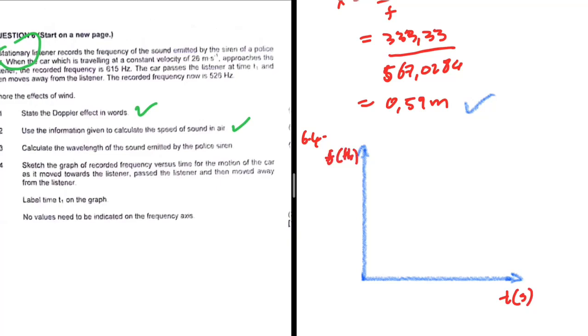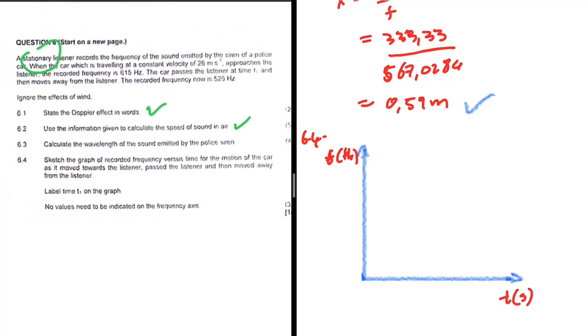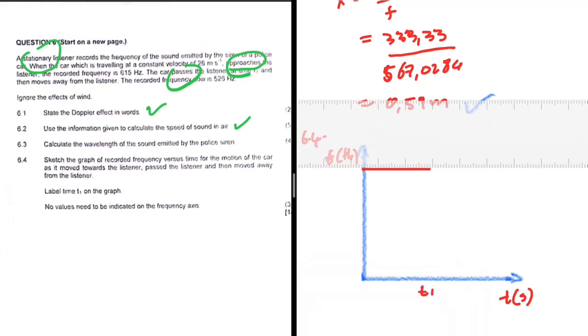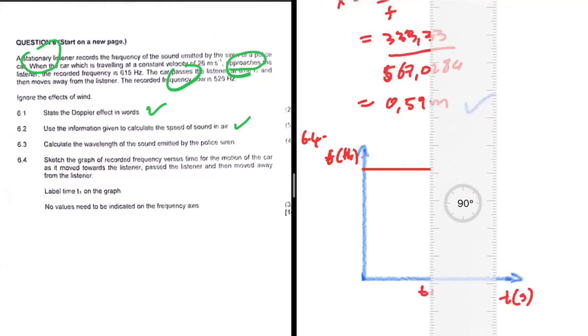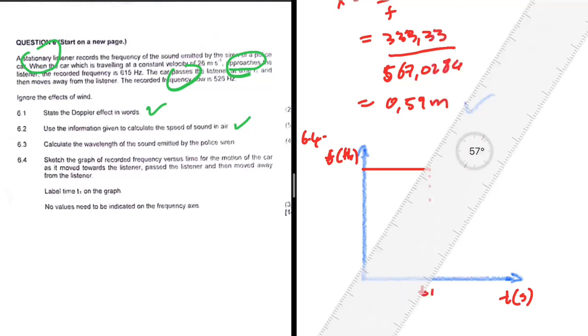Okay, so initially, is it moving away? It approaches initially, right? And then after that, it passes and moves away. So when it is approaching, we have a higher frequency. So somewhere here, this is our frequency when we are approaching. And then something happens at T1, right? At T1, it passes the listener and it's now moving away. So we are expecting something like this.